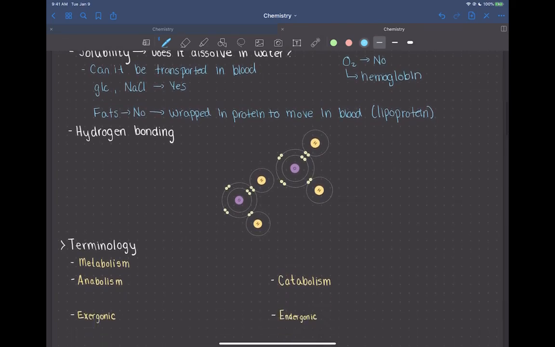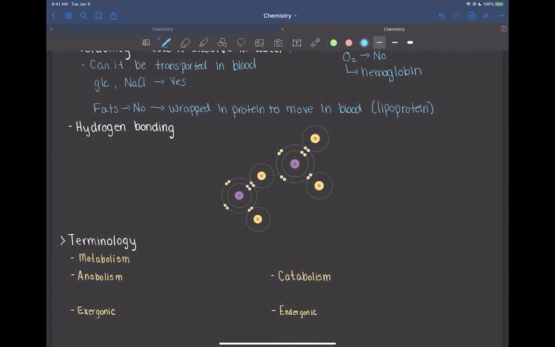All right, so our last type of bond we're going to talk about is called a hydrogen bond. Hydrogen bonds form between the partial charges of polar molecules.